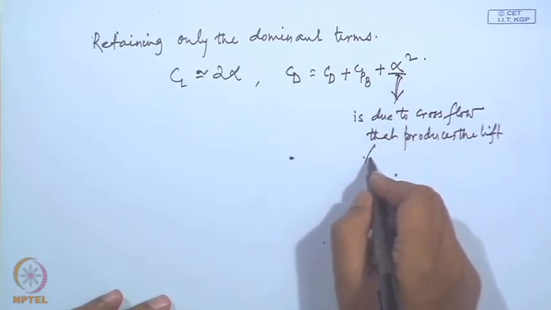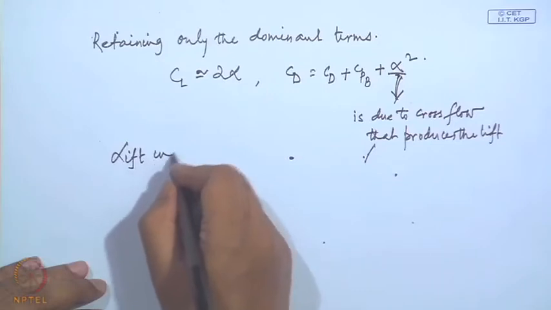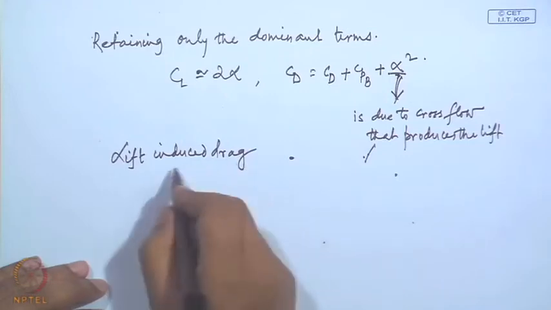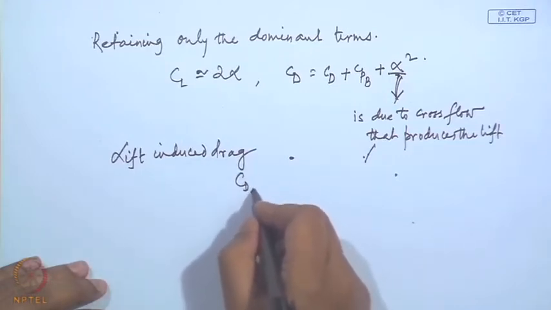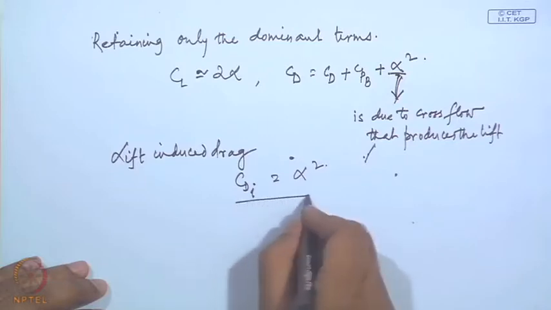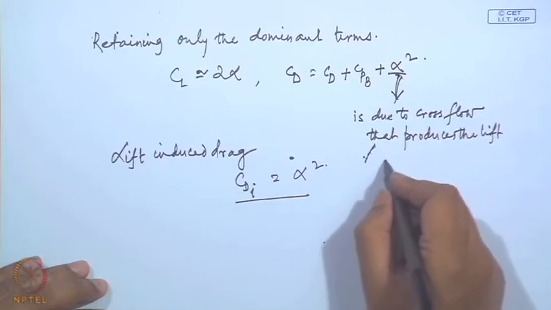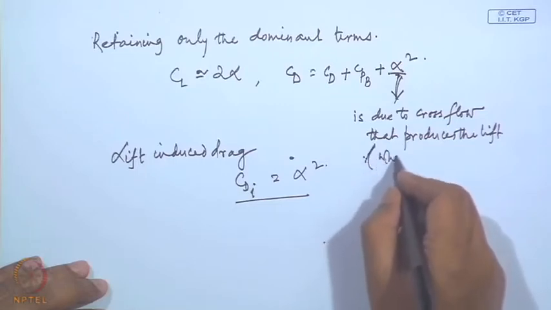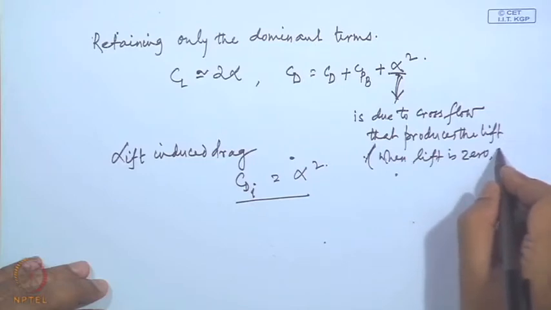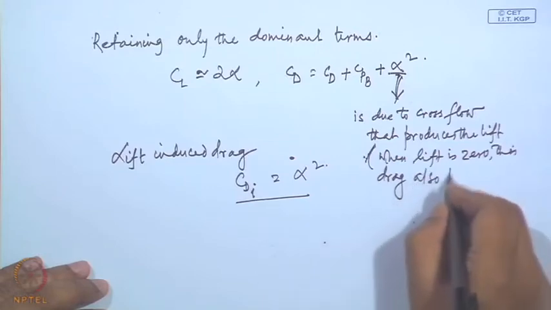Hence, this is called lift induced drag, induced drag as alpha square. This drag also becomes 0.